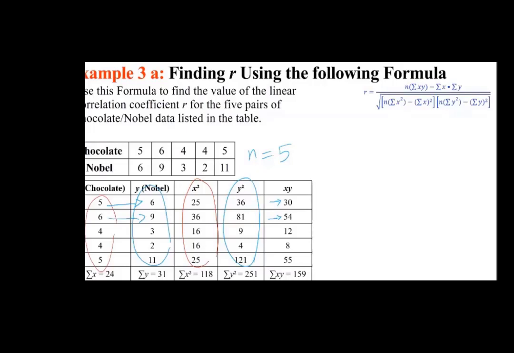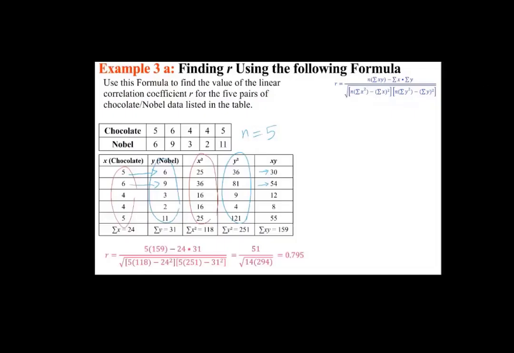You close the brackets, and then new brackets, n is 5 times summation of y squared, which is 251, minus summation of y, which is 31, squared. Do the math, you come up with the answer, 0.795.